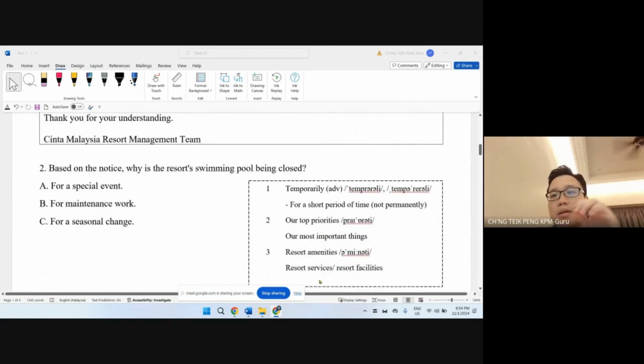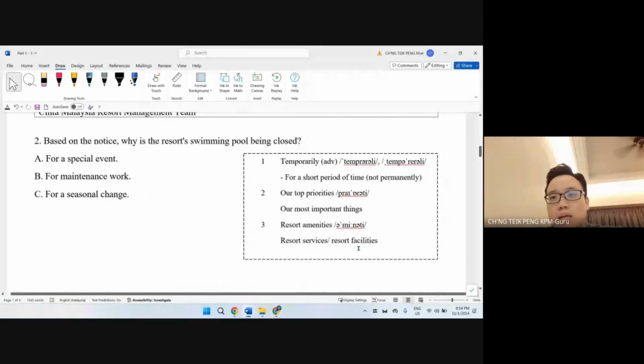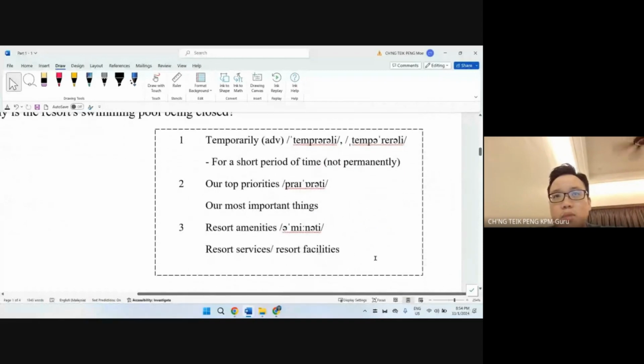Okay, very good. Now, before I explain the vocabulary, I want you to look at the small box here. Temporarily.